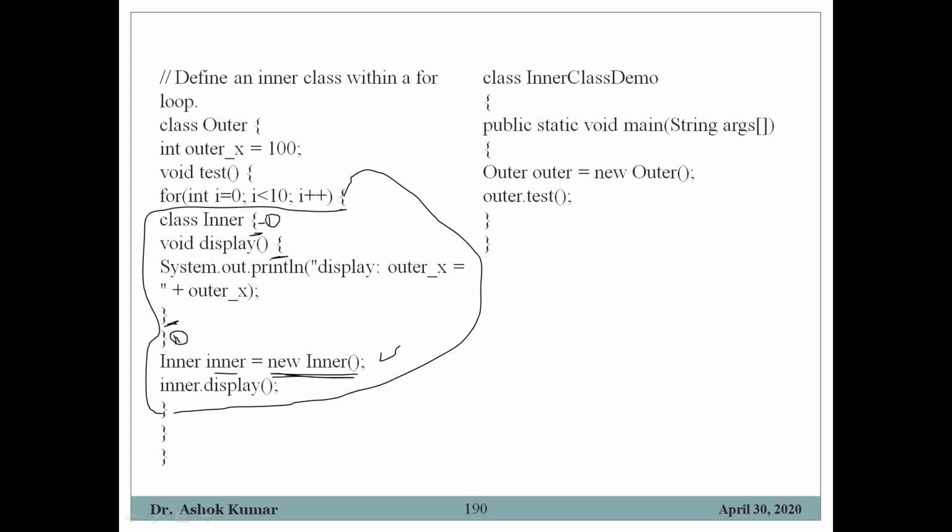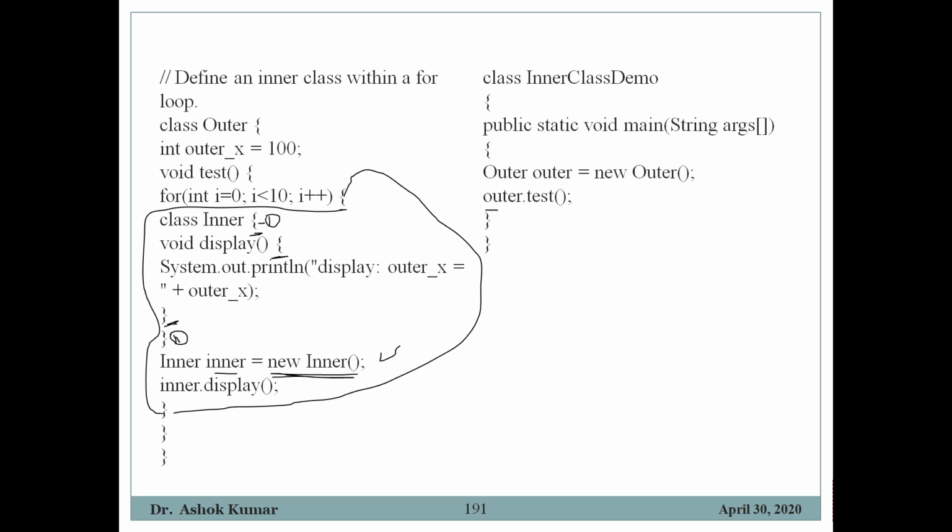Because this loop will run 10 times, you will get output 100 10 times. After the completion of this for loop, the control will go back to the main, and there is nothing after that, so your program will come to an end.